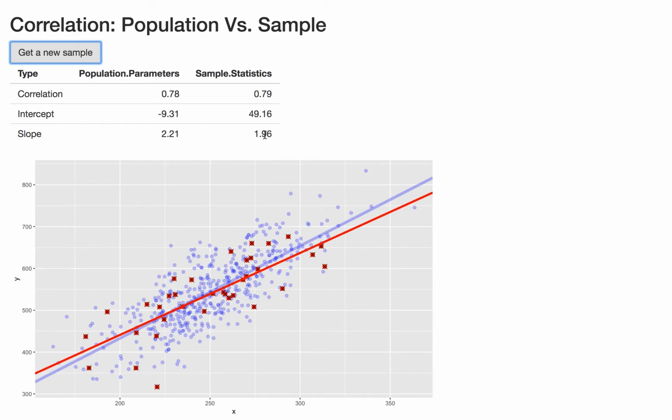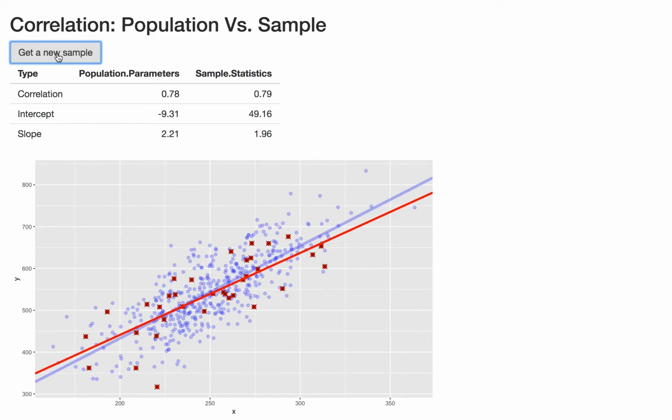We can even build confidence intervals that tell us, based on this estimate, what range we expect that population level slope to fall in. So all of the things that we've been working with so far, hypothesis testing and confidence intervals, can actually be applied to correlation, to the intercept for your regression lines, and to the slope terms for your regression lines.